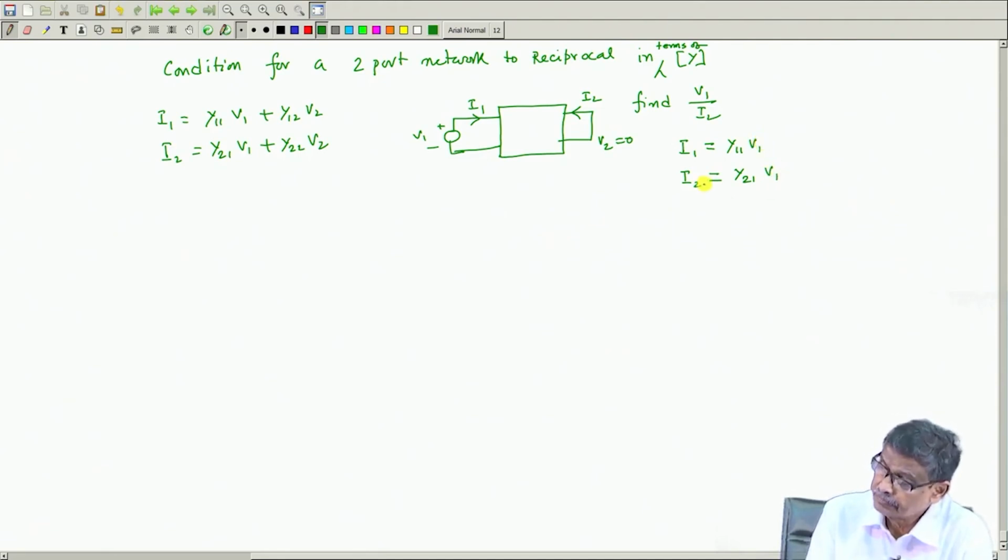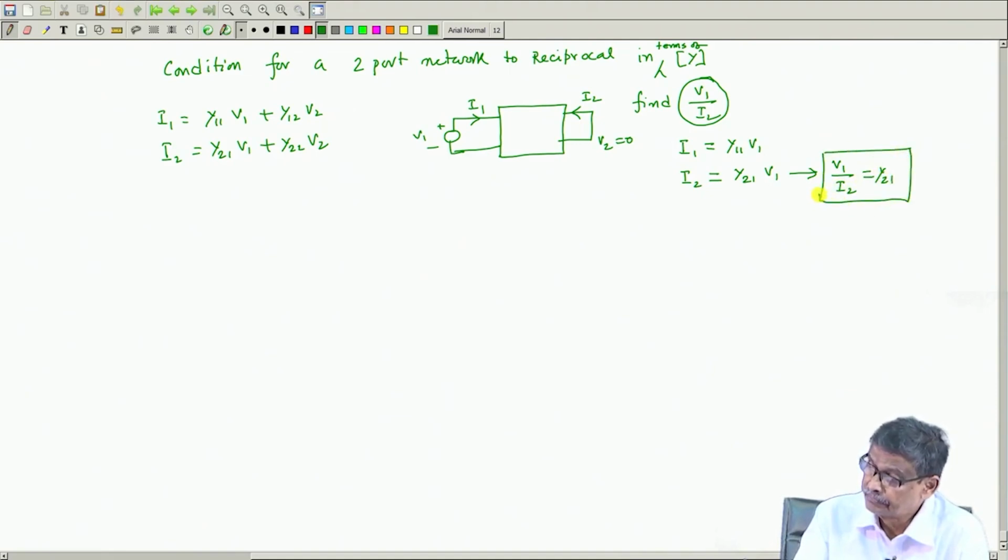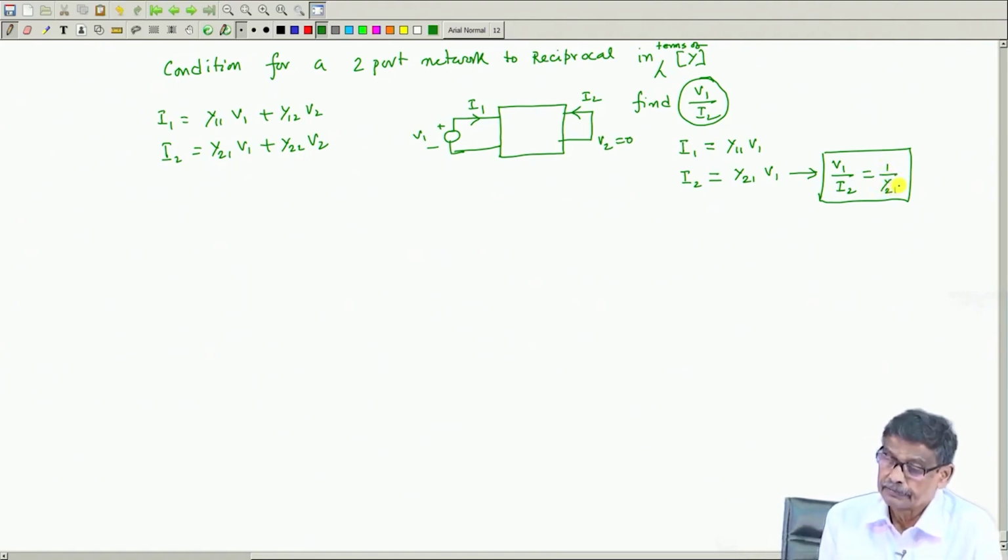I have to calculate V 1 by I 2, so the first equation will not be used here, because the second equation straight away gives you V 1 by I 2 equal to 1 over y 2 1. We keep this result.